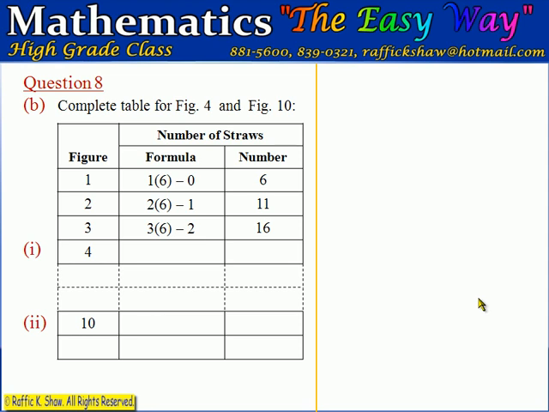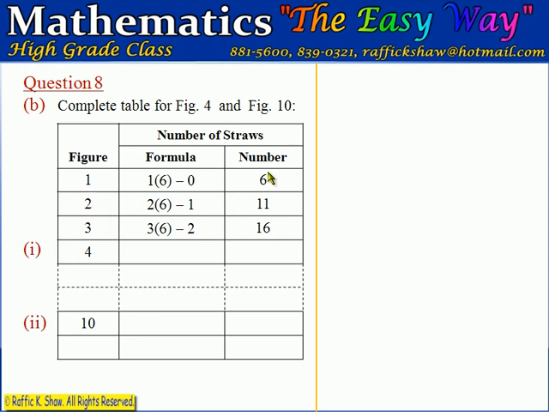Now part B gives us this table for the sequence. Here we have the figure numbers, and here we have how the straws are calculated. This is a formula for calculating the number of straws, and this is the resulting number of straws for the figures.